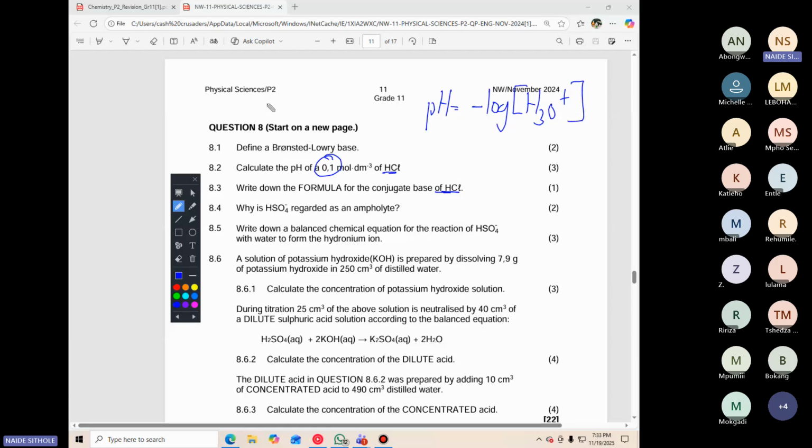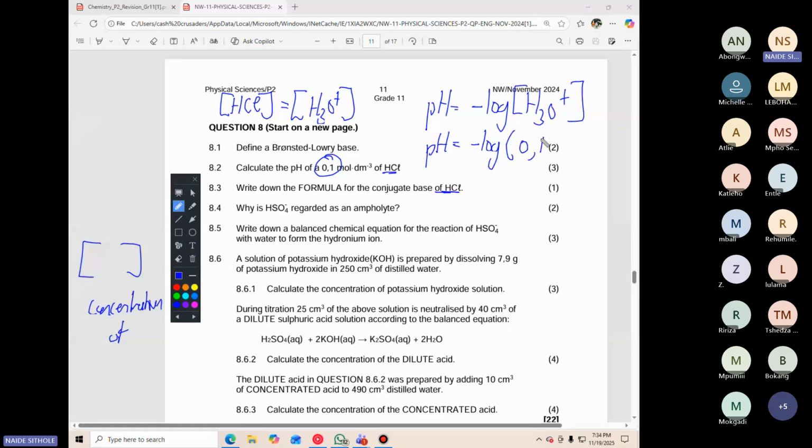Because what do we know? The concentration of hydrochloric acid, this box here, this means concentration of. That's how we read it. The concentration of hydrochloric acid is equal to the concentration of the hydronium ions. Right? So you just simply say pH is equals to negative log, and then where there is that, you put 0.1. And then you just calculate your pH like that.